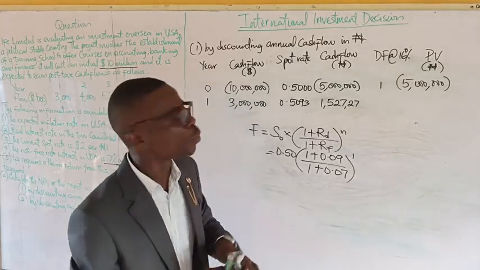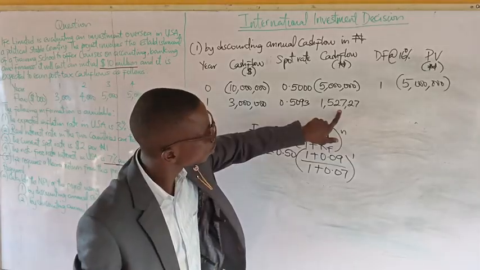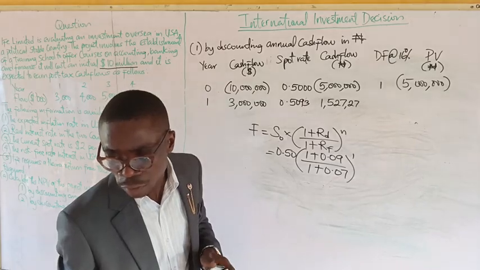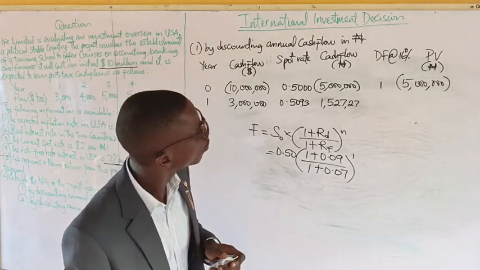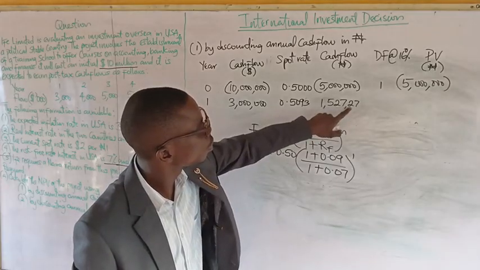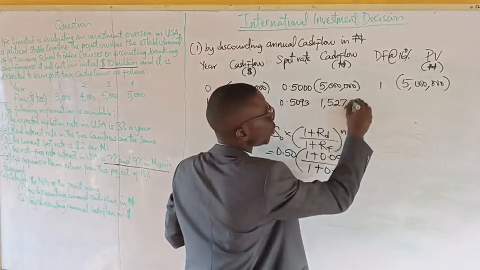Sir, call it properly. Yes, 1,527,000 and 900, right? 527,900. Okay.